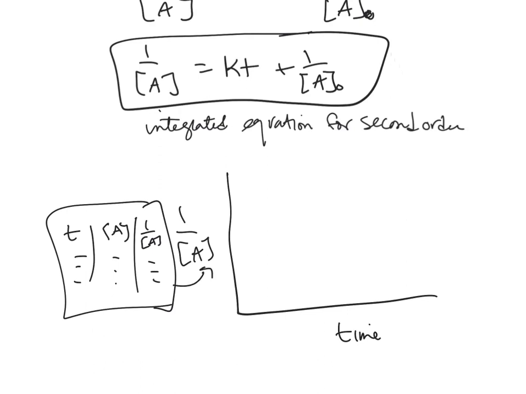So 1 over A concentration versus time. This is a linear relationship. This is, again, y equals mx plus b. And in this case, you're going to have a straight line, linear relationship. This point right here will be 1 over A initial.